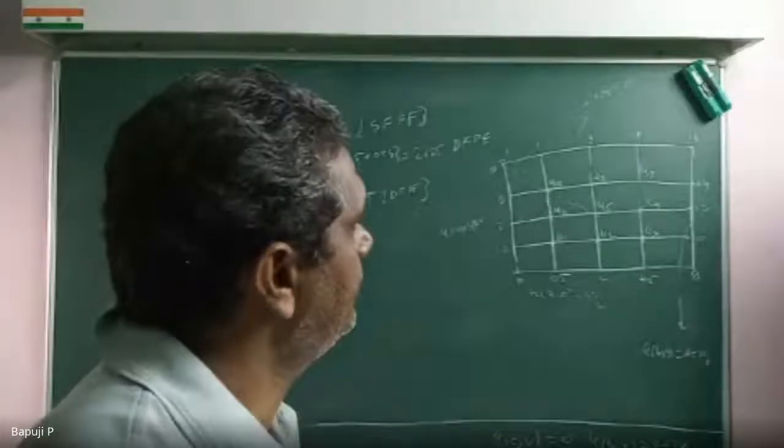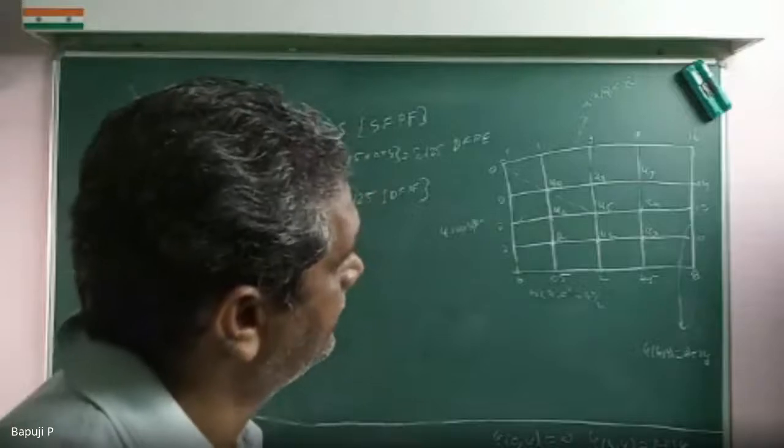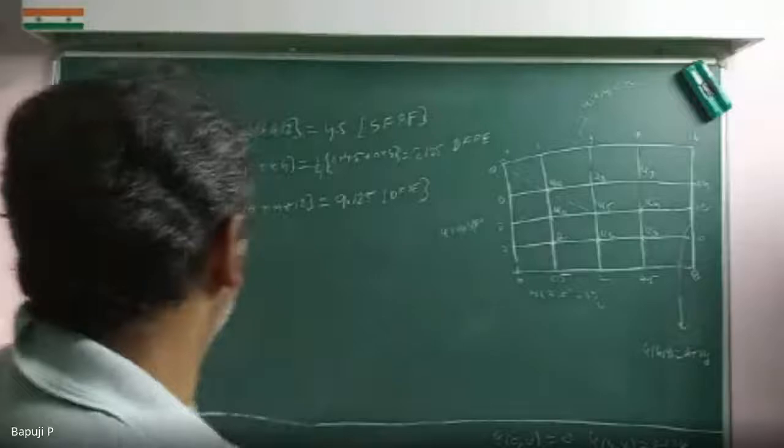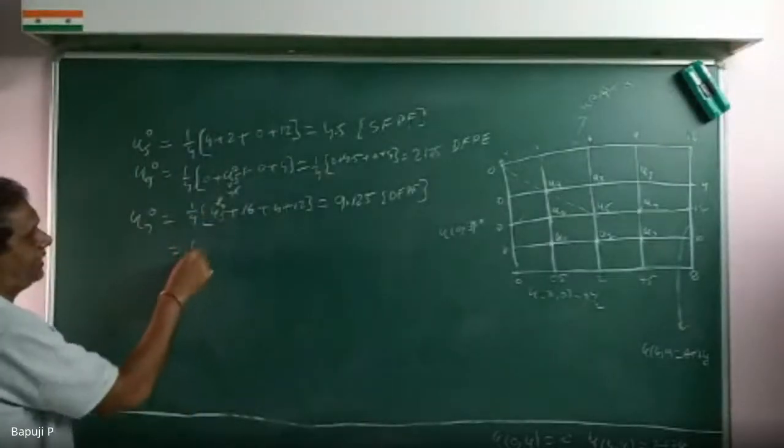U8, I will get, tell me. SFPF, sir. U8 is 1 by 4 of U9 plus U7 plus U5 plus 4 plus 4 plus U5 of 0. Correct? So better you can make the power 0, then you will understand.